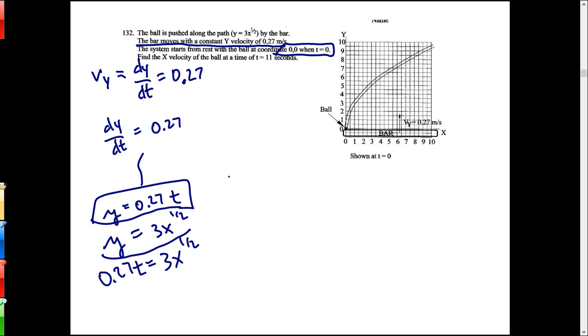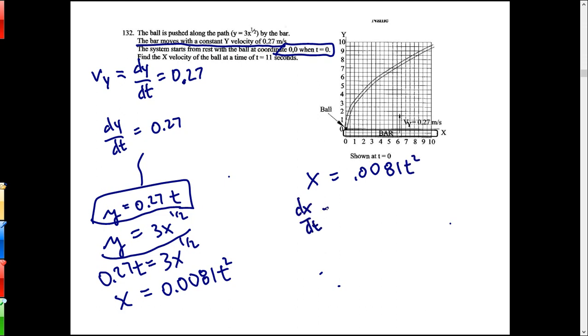So what you should be able to figure out from that is that x, the position x, is equal to 0.0081 t squared. And once you've got that, we should get that dx dt, which is v sub x, is 0.0162 times whatever t is.